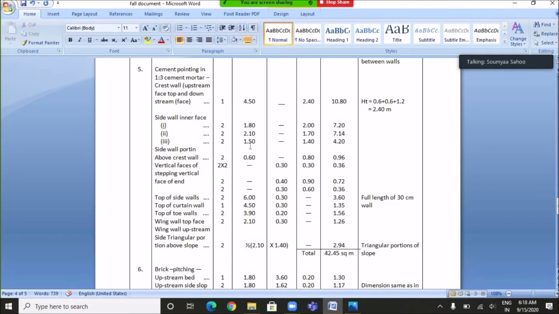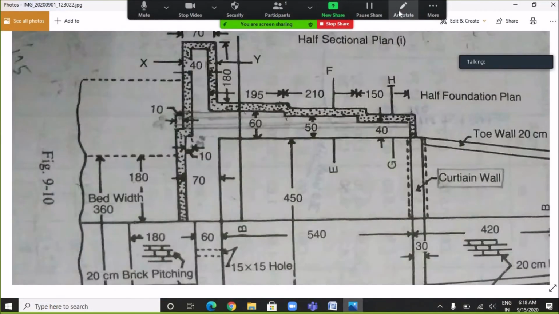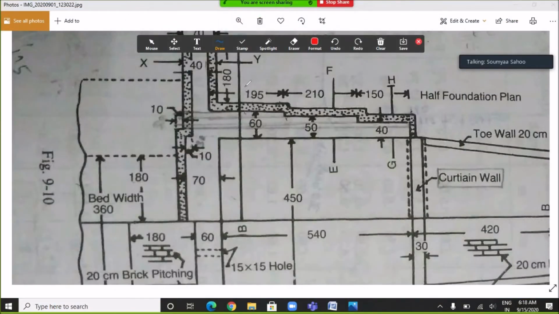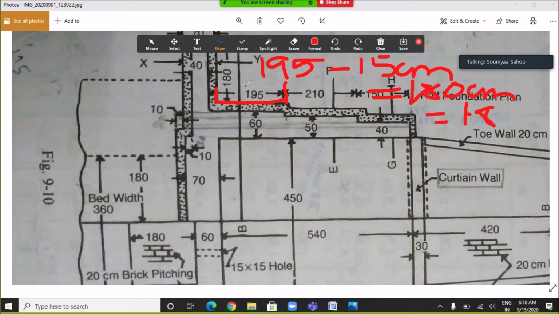Then for side wall portion, side wall inner face portion, the length will be from this portion to this portion. So this length will be 195 centimeter minus 15 centimeter, which is equals to 180 centimeter or 1.8 meter.